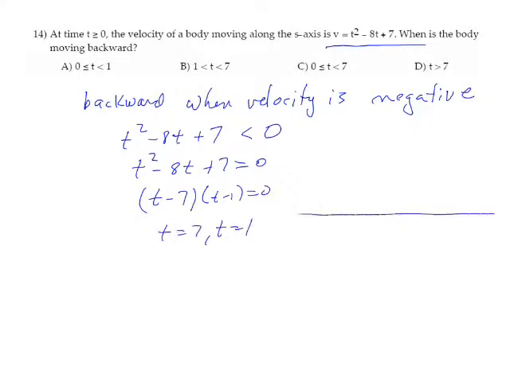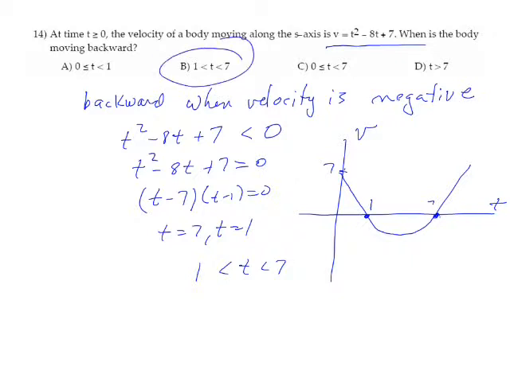If you graph this equation, you see that it's a parabola looking like this, and this is t, this is the velocity, and it's negative between t equals 1 and t equals 7, and that's answer B.